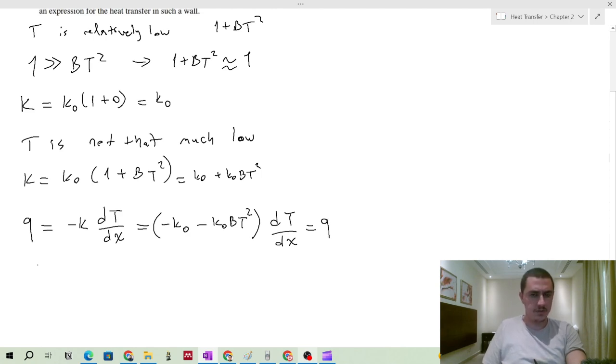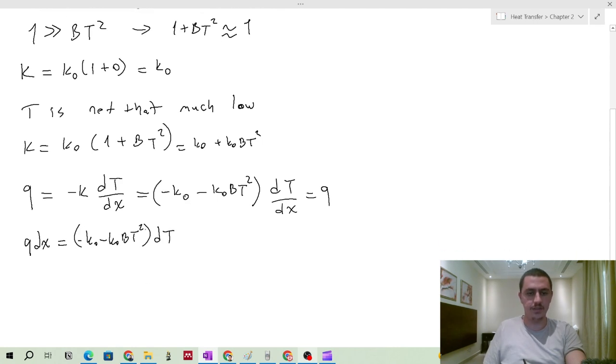So we can integrate dT here, and dx we send to the other side, so q dx will be equal to the integration of this part as a function of the temperature.